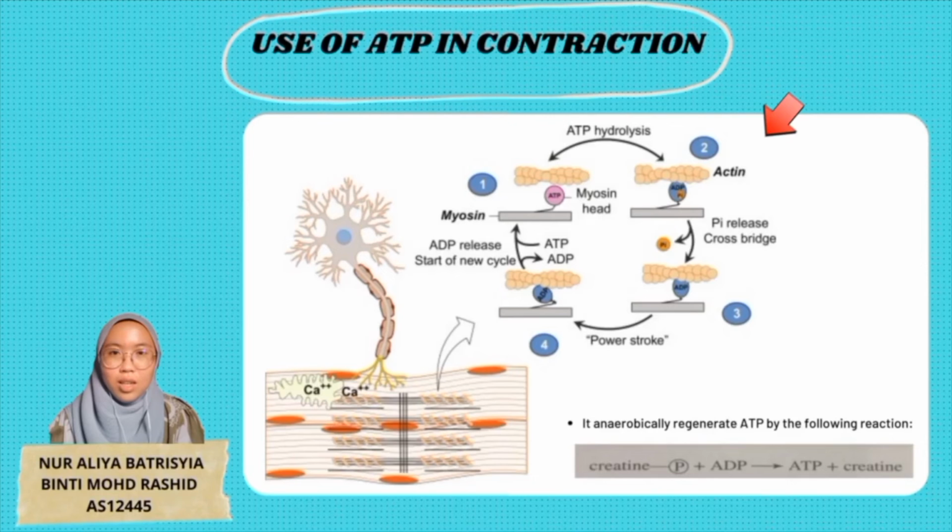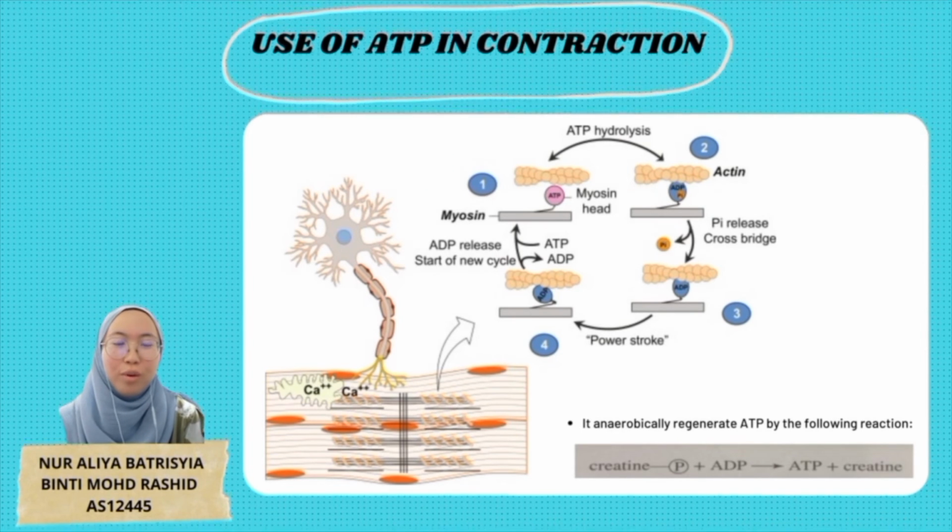This will cause contraction of the muscle. Second, calcium ion is needed in order for the myosin to bind with actin. The third component, myosin filaments, will pull actin filaments to form cross bridges. This process is enzymatic and splits ATP.